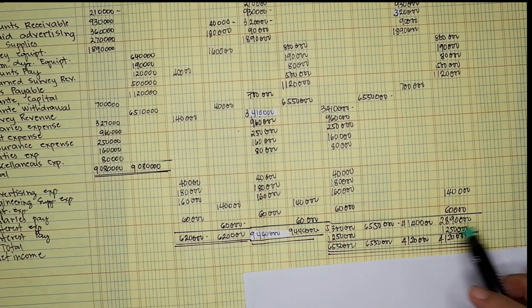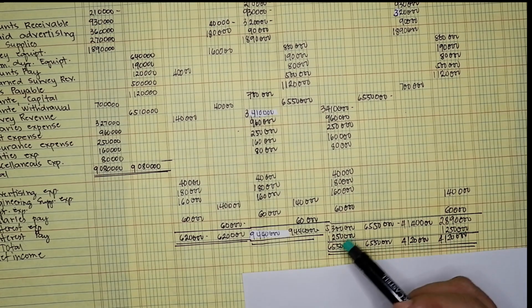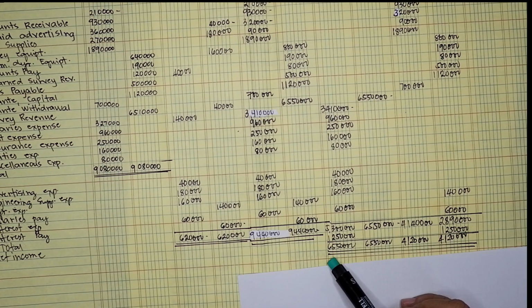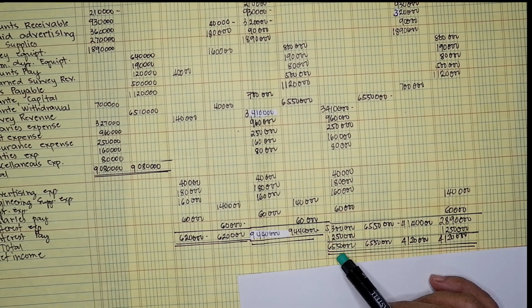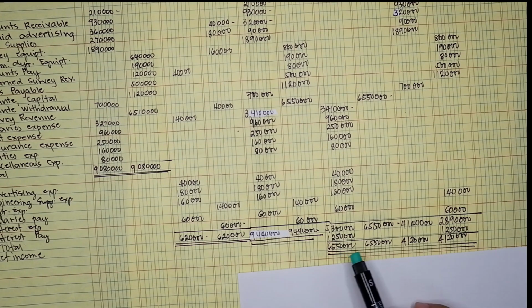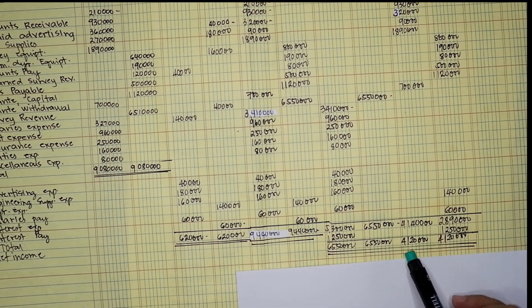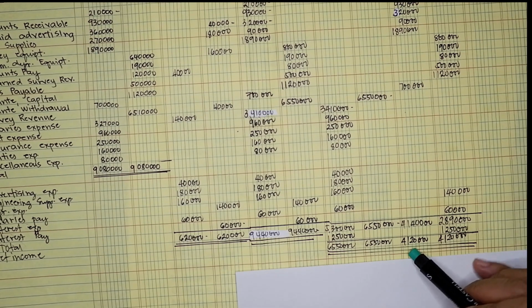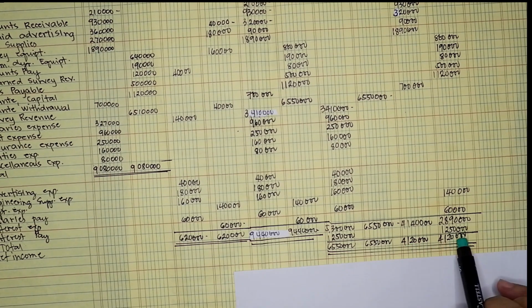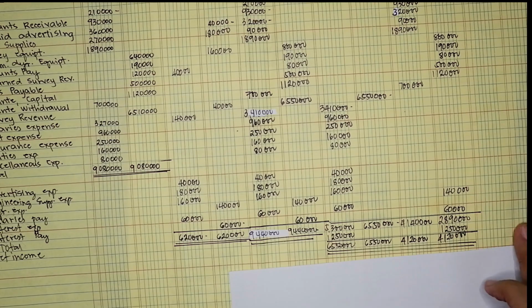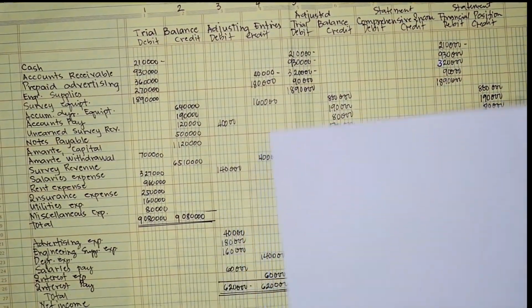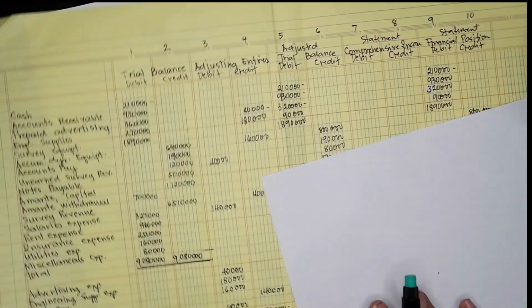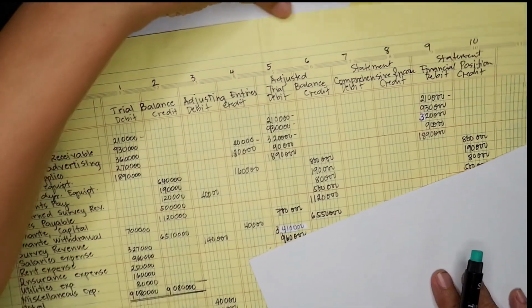Okay? So, get the total again of the four columns. So that is 6,550,000, both for comprehensive income, debit and credit, and 4,120,000 for statement of financial position, debit and credit. Okay. So here is our working paper.